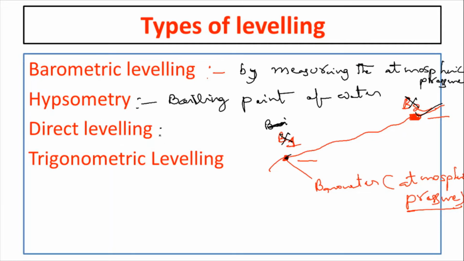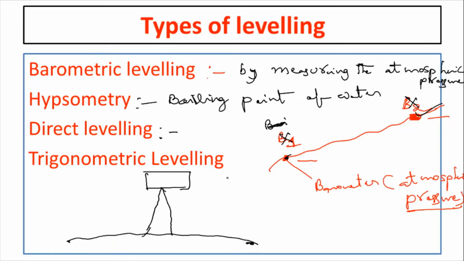Then the next one is direct leveling. Suppose two points are there. In between the two points, we establish an instrument which provides a horizontal line of sight. Then we place the staff at the first point and take the staff reading.